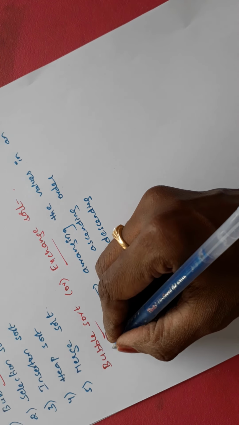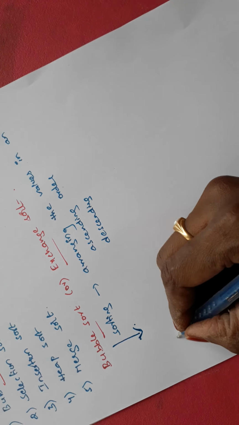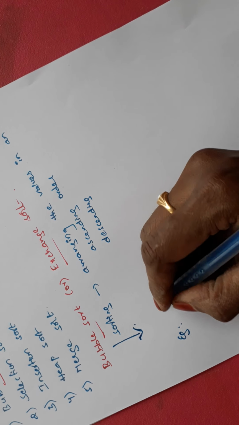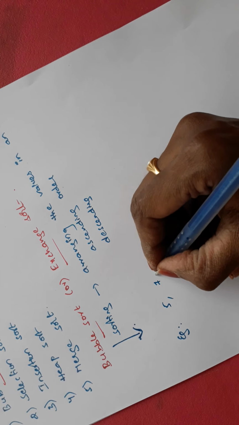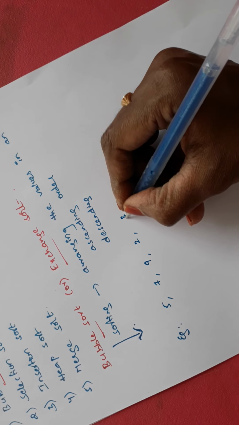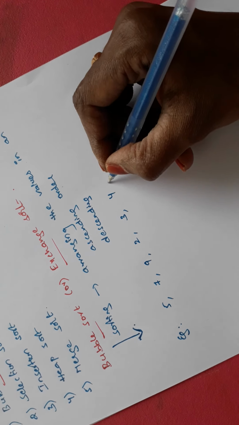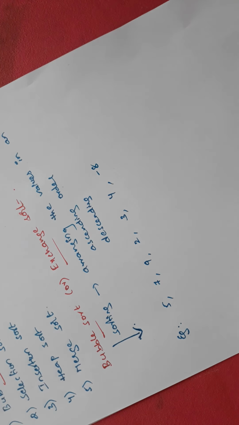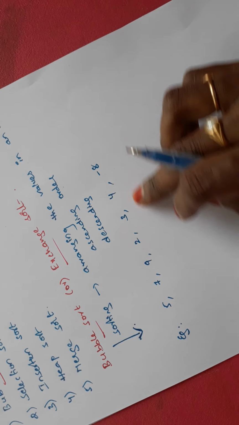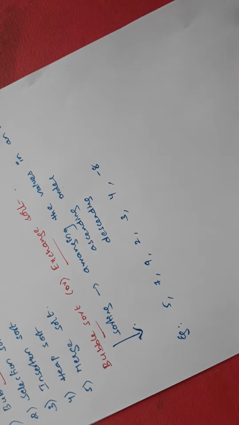So how does this sorting technique take place? Let us take an example of some values: 5, 7, 9, 2, 3, 4, minus 8. Let us sort these values in an order using bubble sort.